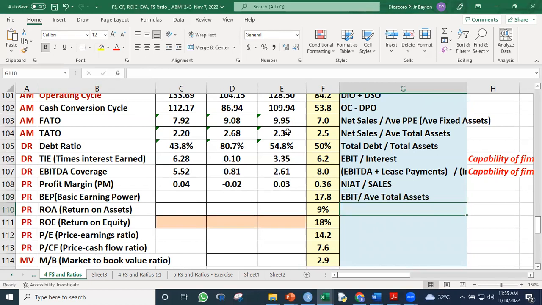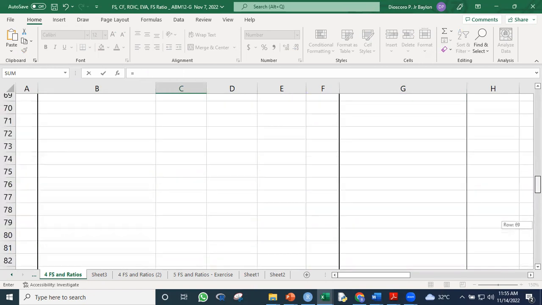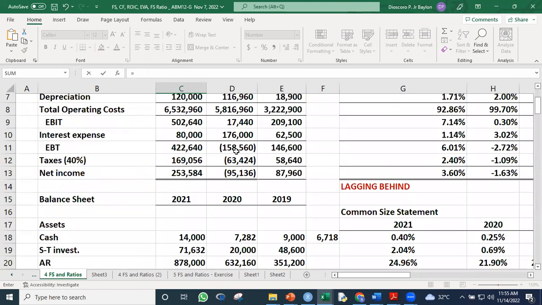So similar siya sa TATO natin. Ang difference lang, parehong income statement yung tinitingnan, pero siyempre, mas malaki yung net sales kaysa sa EBIT. So let's compute for that. We will get the operating profit, operating margin, EBIT.